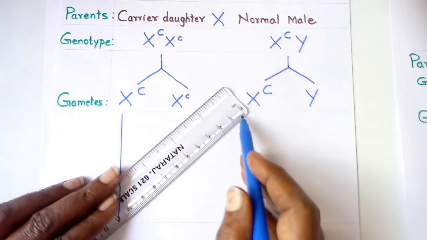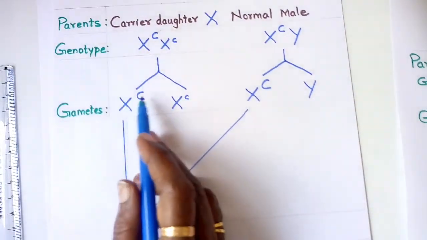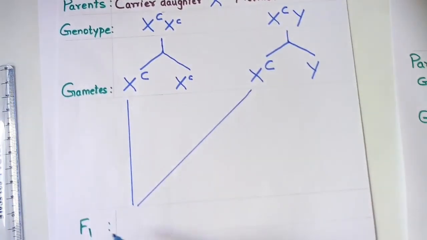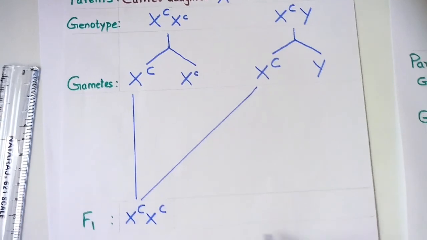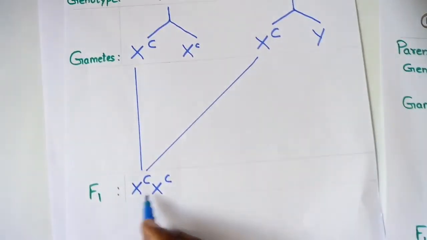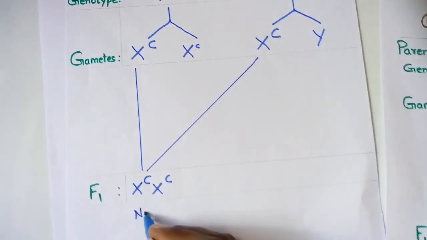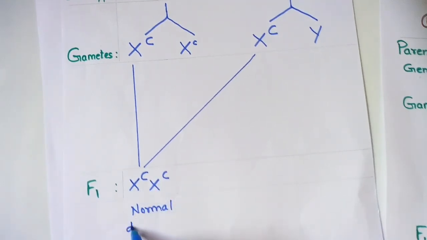The cross will be like this. This is the first offspring that is produced: X capital C, X capital C. What does it represent? It represents a normal daughter. Why daughter? Because both the chromosomes are X chromosomes.